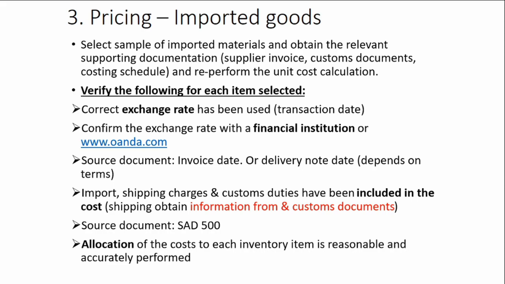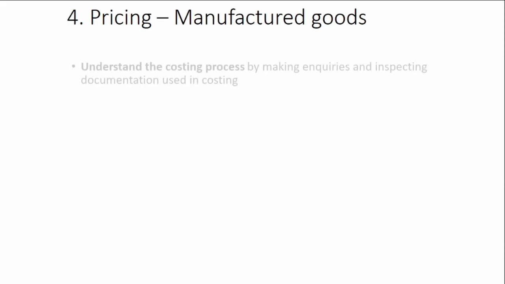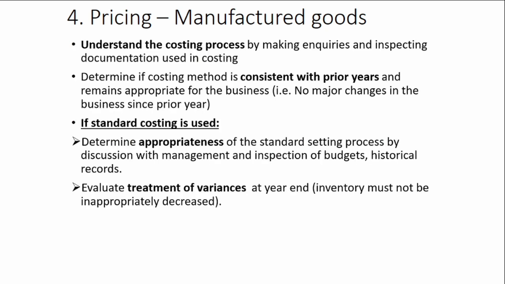And then finally, we want to allocate those costs correctly. So sometimes we might have things like wastage or abnormal delays or abnormal costs that we want to be careful that we allocate them correctly. So we touched on this a little bit, and I think it's important that we just go through it again. It's very important that we know the costing structure.